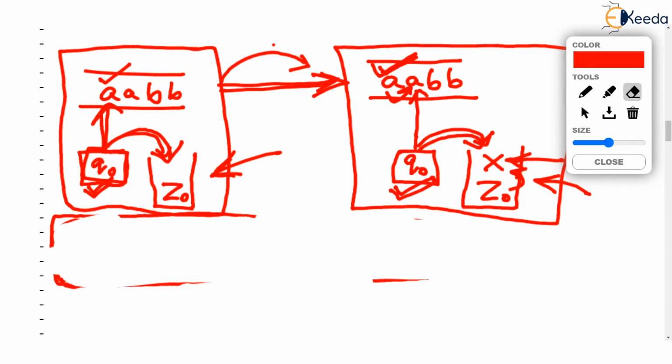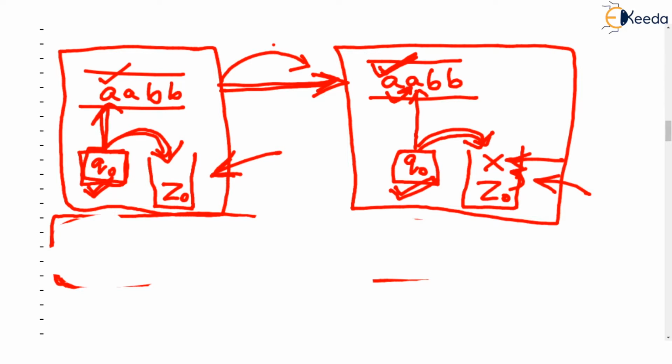just check, if we say that the PDA was in state Q0, correct, comma, in that state the PDA read symbol A, correct, comma, and at that point of time the symbol on the top of the stack was Z0.